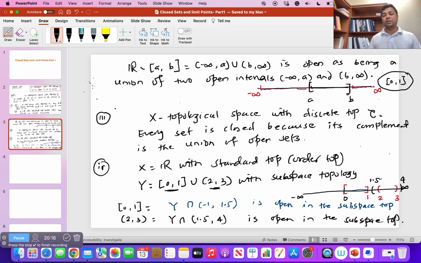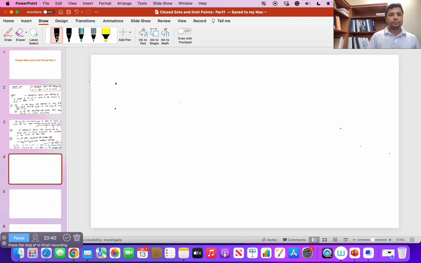Similarly, the complement of 2 to 3 in Y is the other interval, and we have just seen that the other interval is open. So by definition, this interval is also closed. So both intervals, the first one and the second one, are closed in Y. So now we can write down both intervals.